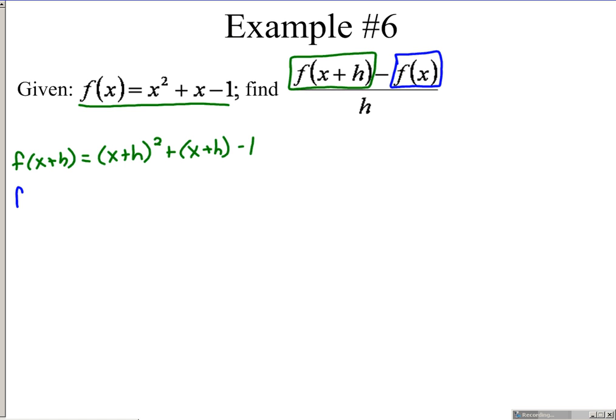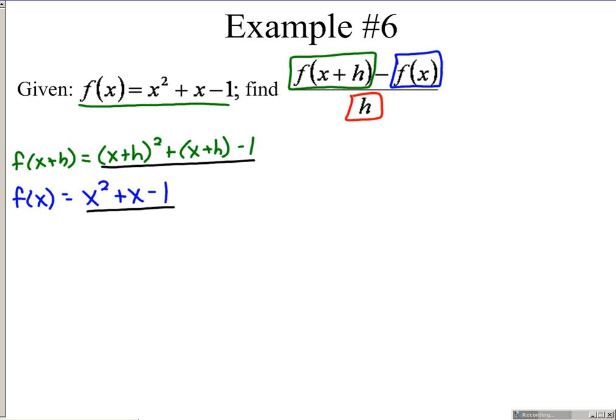What's f of x equal to? f of x is x squared plus x minus 1. And then we divide that whole thing by h. So I need to take this f of x plus h right here, subtract that, and divide it all by h. Let's go ahead and do that.